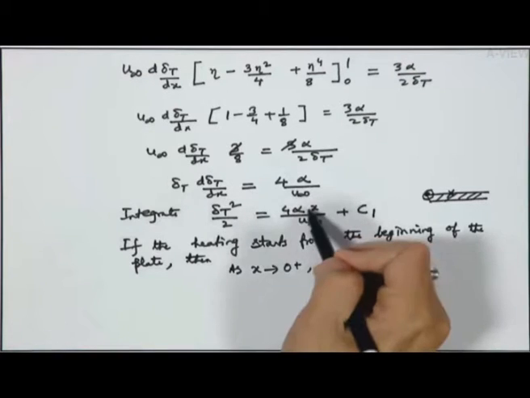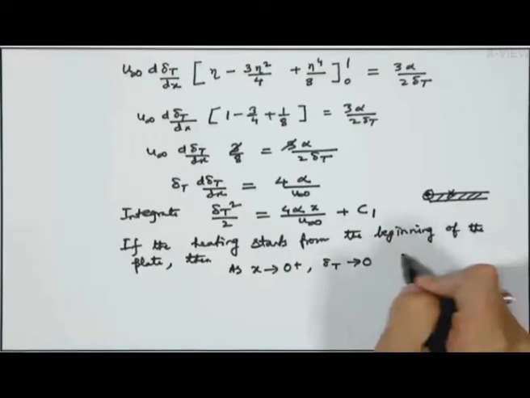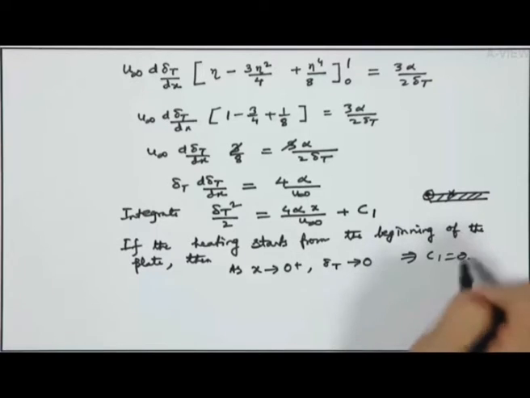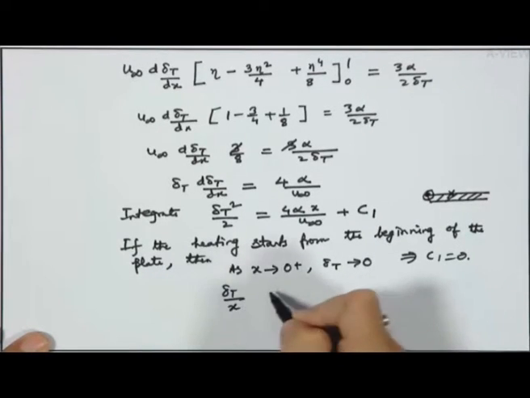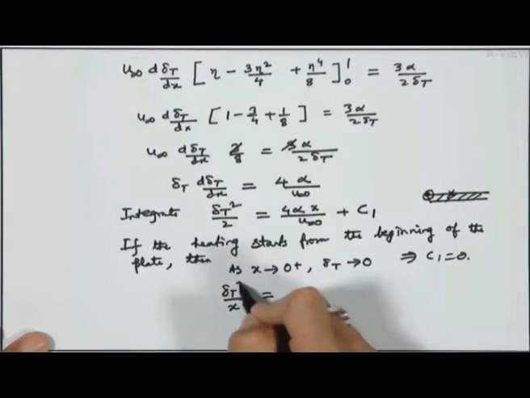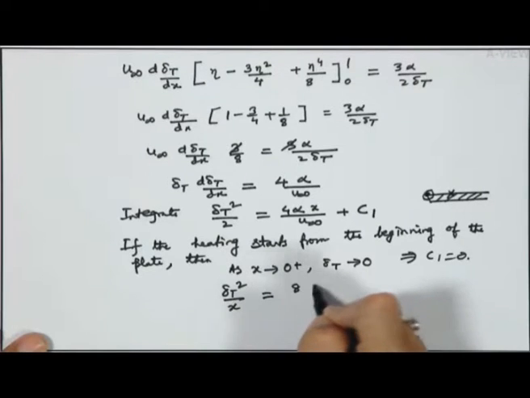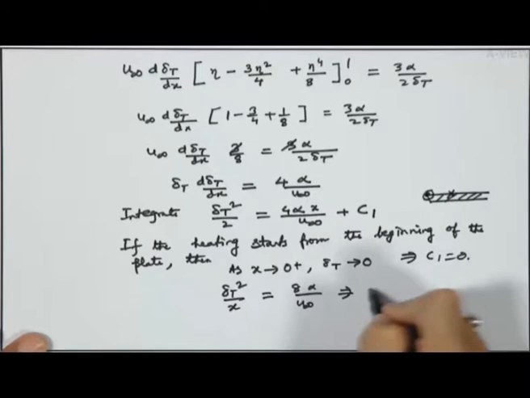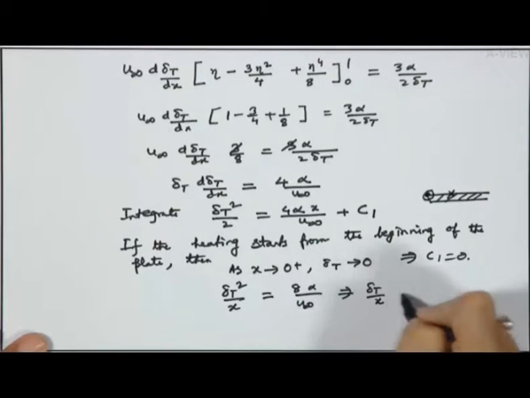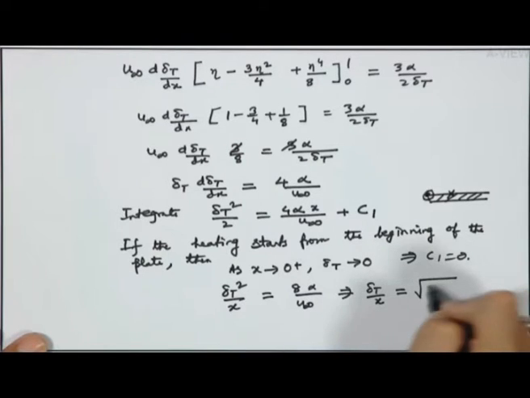So if you put at x equal to 0, delta t equal to 0, you will get C1 equal to 0. So you can get delta t square by x is equal to 8 alpha by u infinity. So you have delta t by x is equal to square root of 8 alpha by u infinity x.